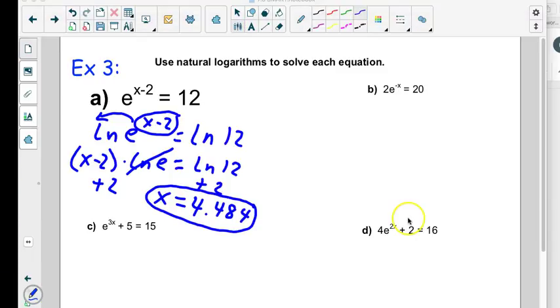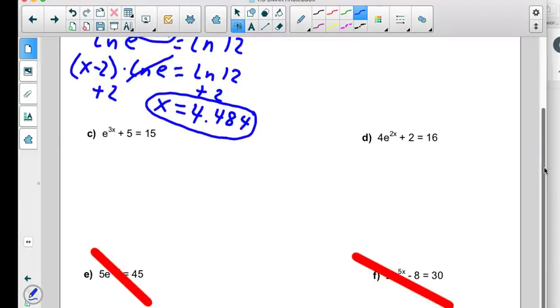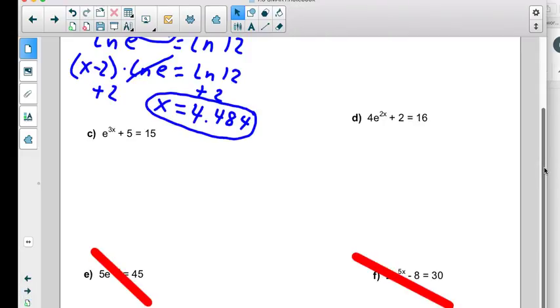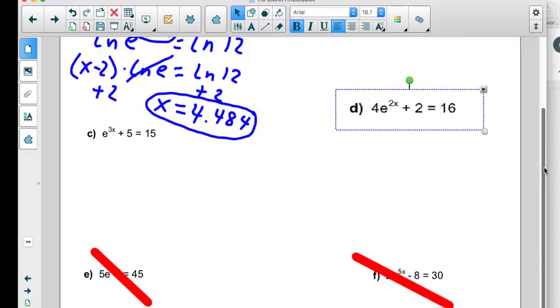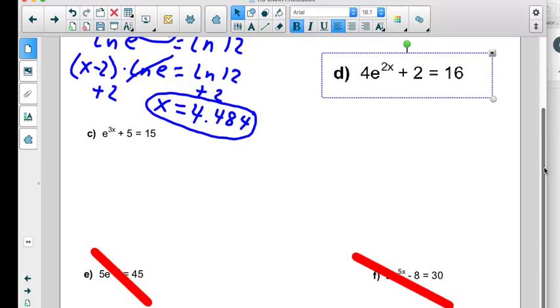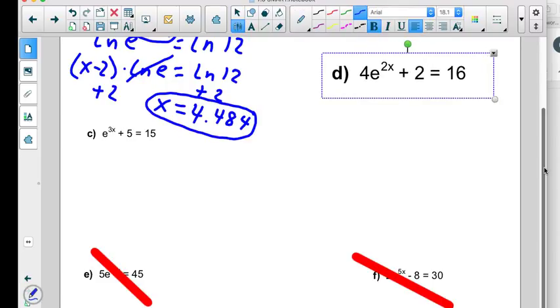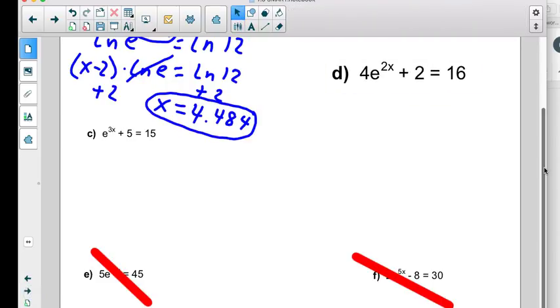We are skipping B and C for those that didn't hear what I just said. So with D, let me just enlarge this here. With these, we should always try to isolate the part that we don't know how to solve. So what's the part we're concerned with?